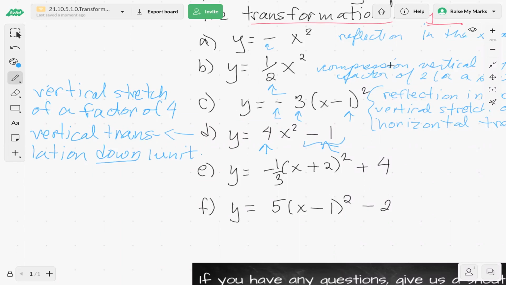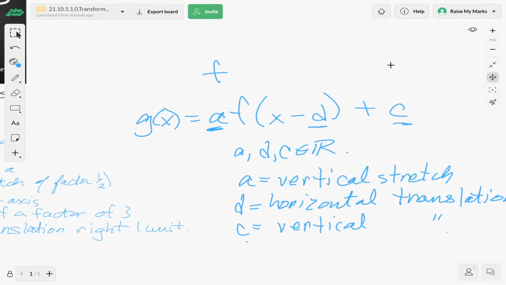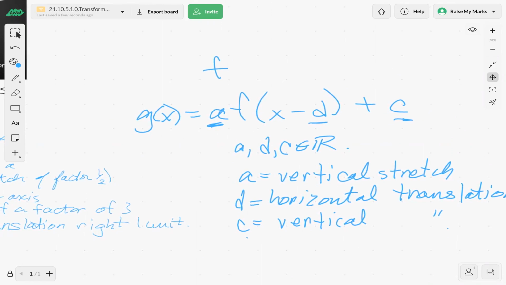All right, part E, y equals negative 1/3 times x plus 2, all squared, plus 4. Again, we have a few transformations: the negative, the 1/3, the 2, and the 4. Is that a positive or negative 2? Let's go back to our pattern. We have our function f and our transformed function g equals a times f evaluated at x minus d, plus c.